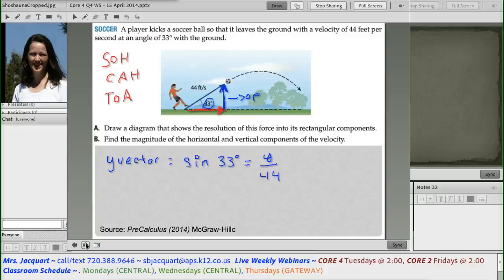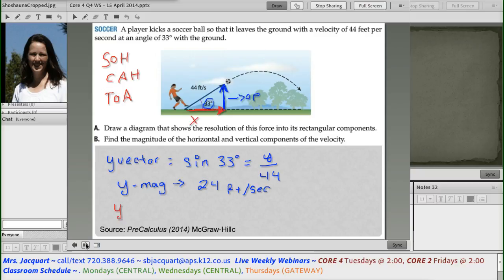Okay, so the y magnitude or vector is 24. Probably feet per second. Let's look at the red magnitude, which is the x one. Undo that because that turned out to be a y.